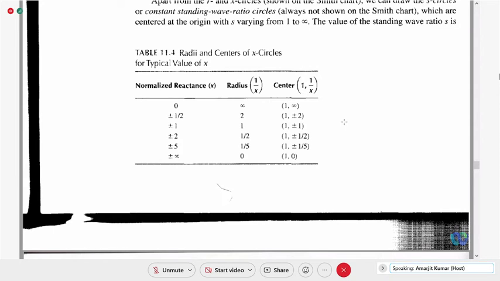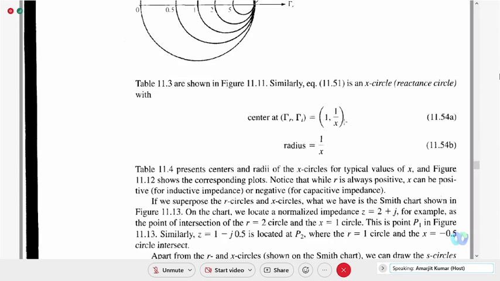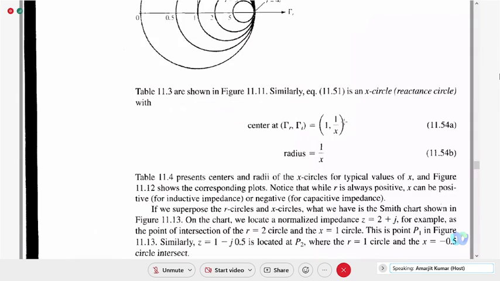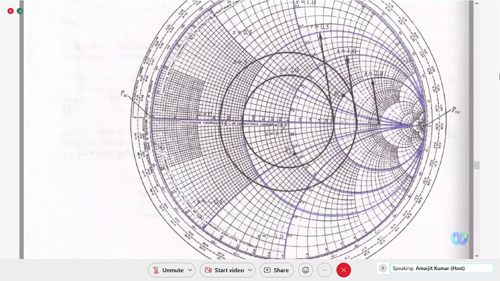Intersection of the R is equal to 1 resistance circle and the X is equal to minus 0.5 reactance circle. Check where R is equal to 1. R is equal to 1 is here. X is equal to minus 0.5. See here, this is plus 0.5.